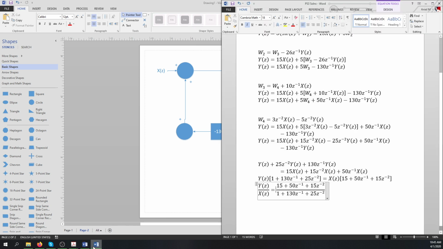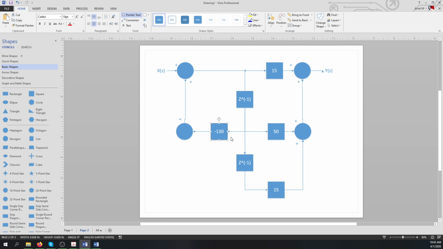Right. The next block we have to put in is this 25 here, but this is positive 25, and because it's on the left hand side, it's going to be negative 25. So this here will be minus 25. We could draw in our connectors. Make this look a little bit neater. And put in our summation point here. Right. And that basically is how we actually represent our question 2 canonical form visually for question 3.